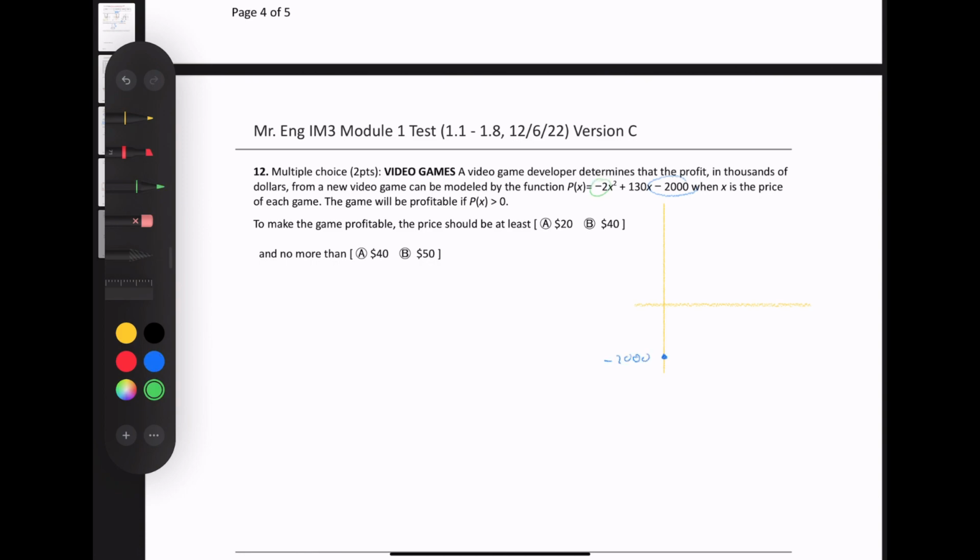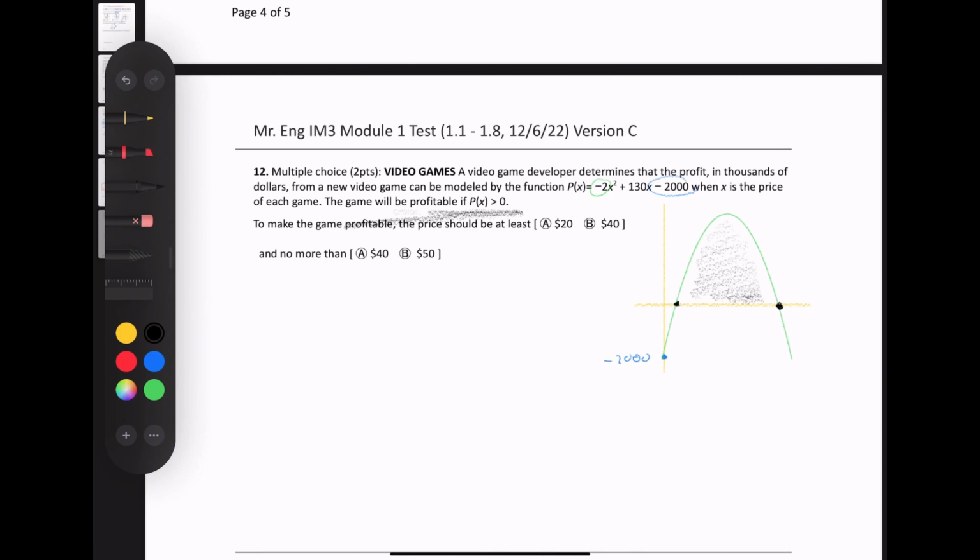A value is negative, so it's going to be graphed down. Something like this. And we're trying to find these points. Those are our x-intercepts or solutions. And it's saying it's profitable when it's greater than 0. So in this black shaded region.